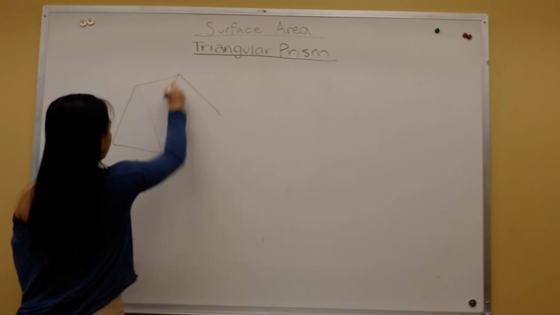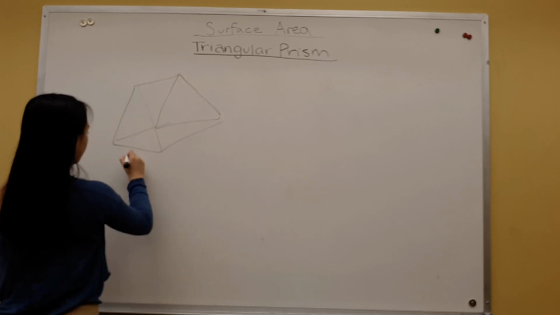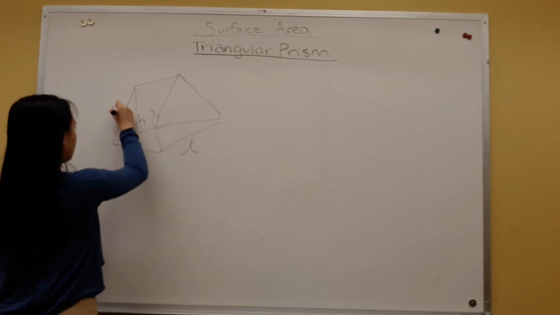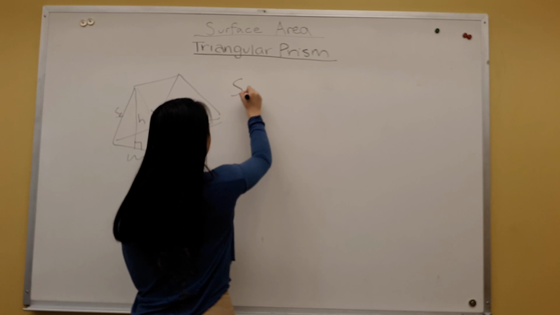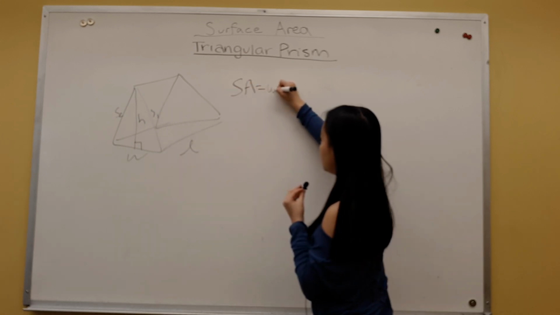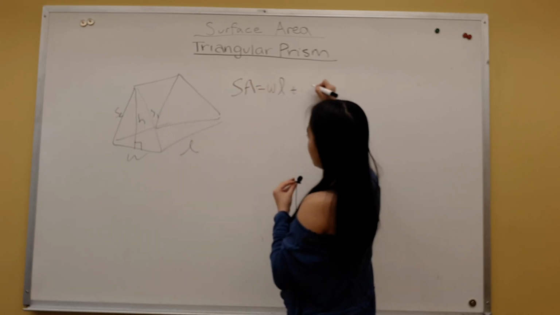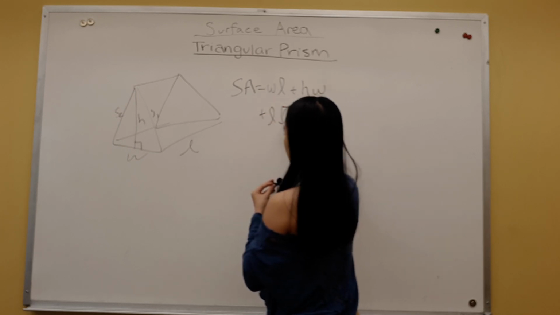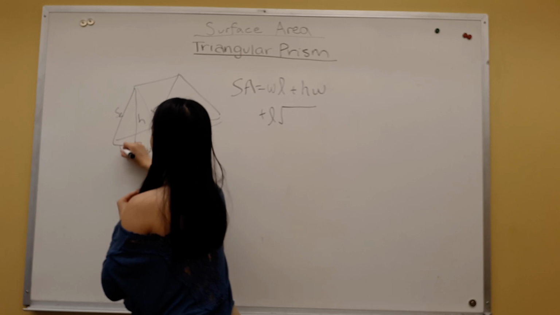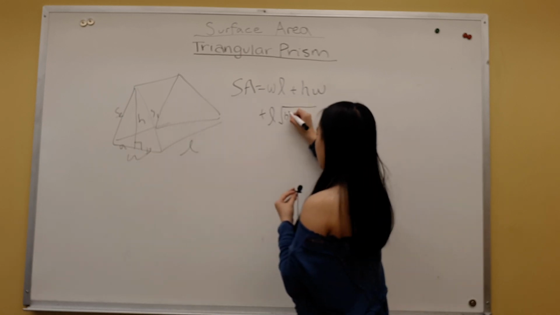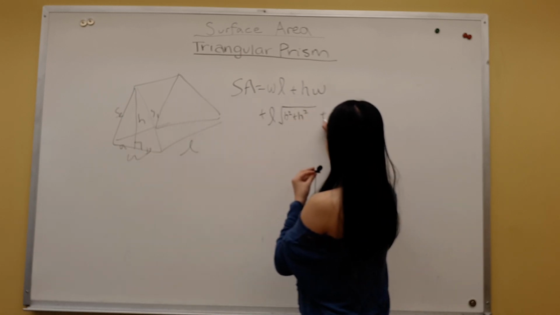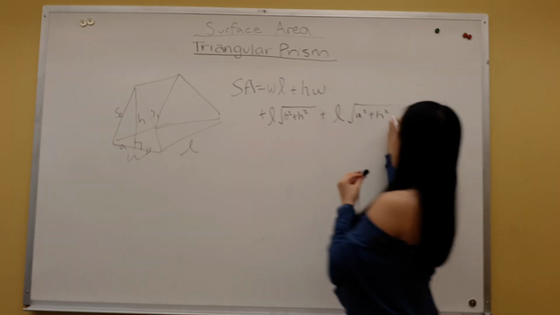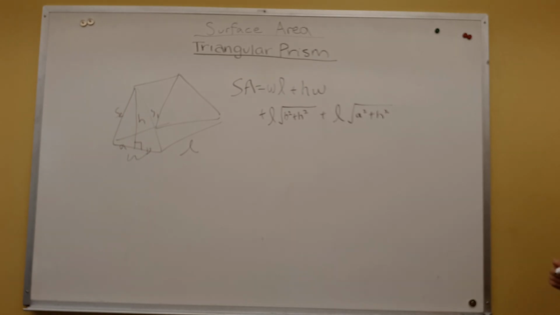Oh well. The surface area of this triangular prism is equal to WL plus HW plus length times the square root of B squared plus H squared, plus length times the square root of A squared plus H squared. All right.